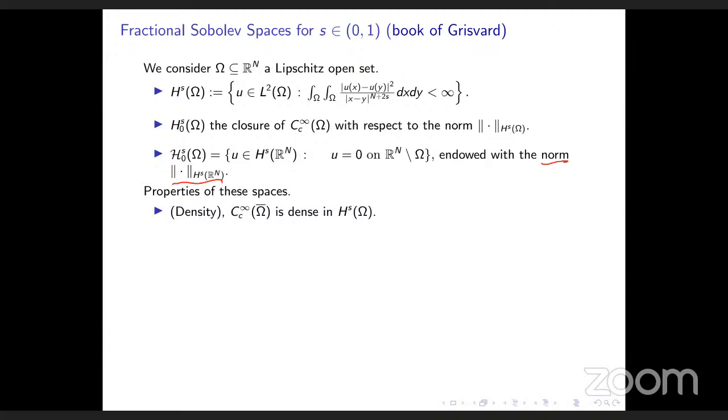One of the first properties is density. I think even Ω Lipschitz is too much; if Ω is continuous, you have that C^∞_c(Ω̄) is dense in H^s. Of course, by definition we don't need to discuss this, but we have the density of C^∞(Ω̄) in H^s.